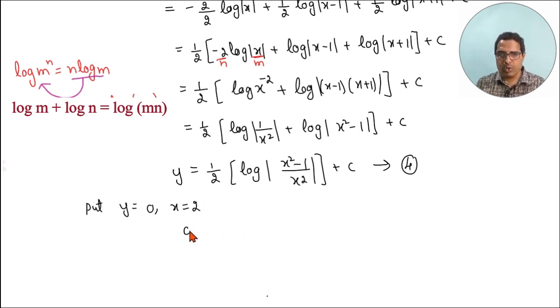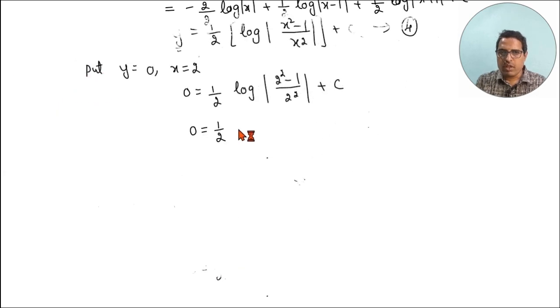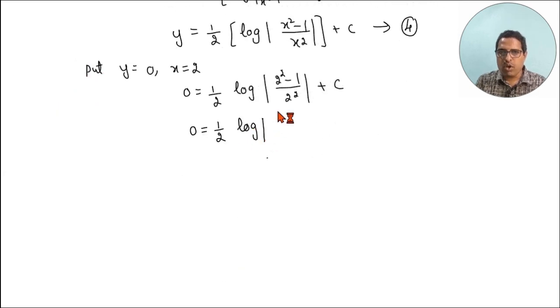So y is 0 here is equal to 1 by 2 times of, we have log of mod, x value is 2, so 2 square minus 1 divided by 2 square plus the constant c, or 0 is equal to 1 by 2 times of, we have log of mod 2 square is 4, 4 minus 1 will be 3, so it is 3 by 2 square will be 4 plus c.